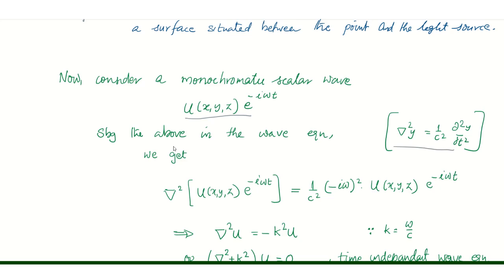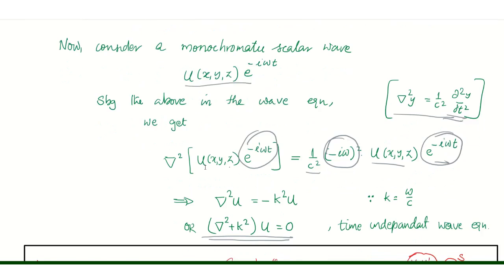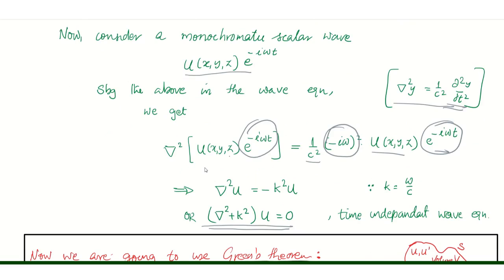Substitute that into this one, and del square u e to the power minus i omega t will be on the left hand side, and on the right hand side, since there is a second derivative with respect to t, there will be minus i omega twice and u e to the power minus i omega t. This one and this will cancel out, and therefore what you will get is the scalar wave equation, del square u plus k square u equals 0, and that is the time independent wave equation.